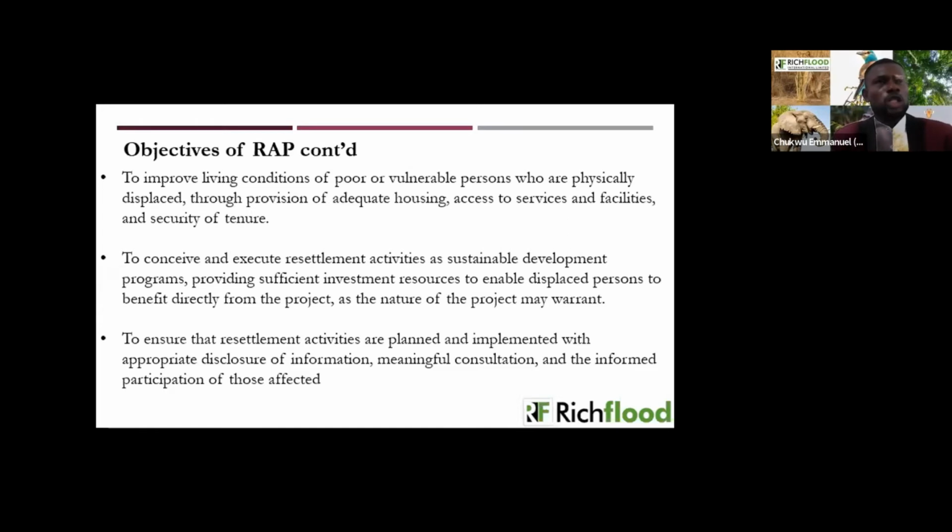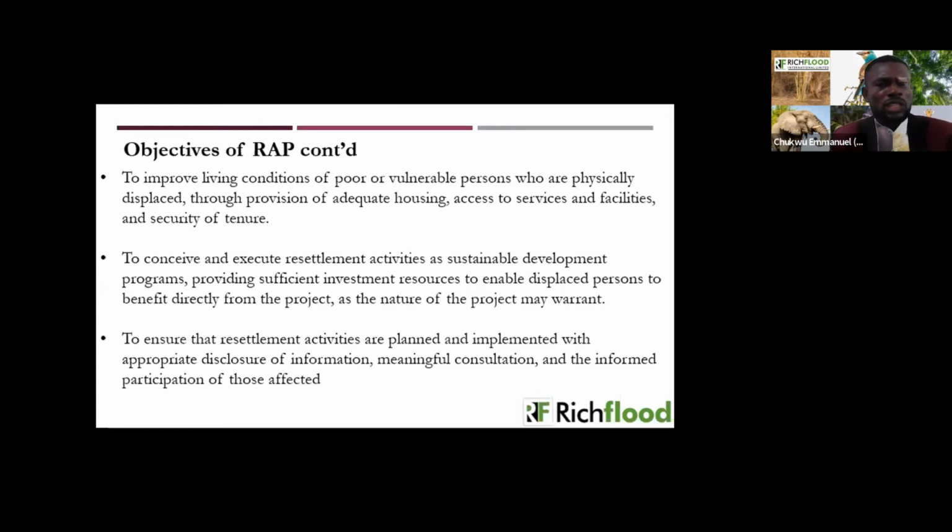For instance, when I am being evicted from my land as a result of a mining company that is to be situated on my farmland, provisions are made for employment for me, possibly if not for me, at least for my children or for my family. You see that with all these strategies put in place, this is a systematic approach put forward by the World Bank to ensure that the living condition of resettled people is adequately catered for.